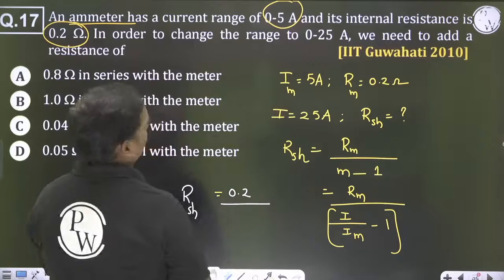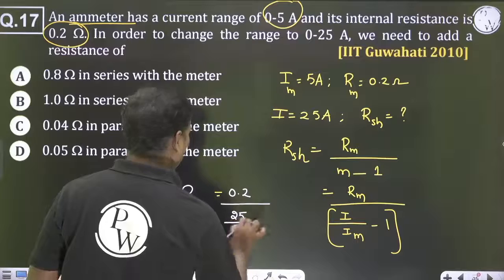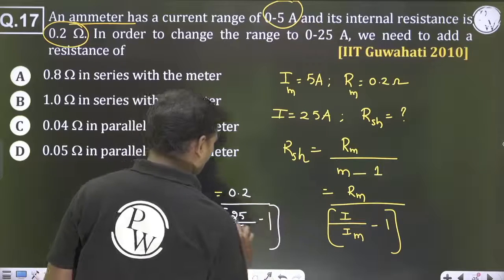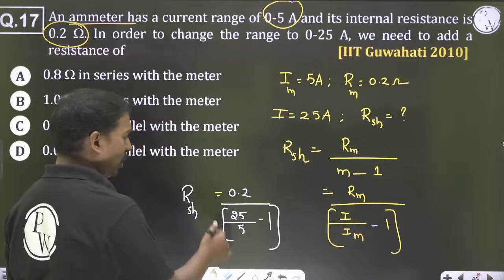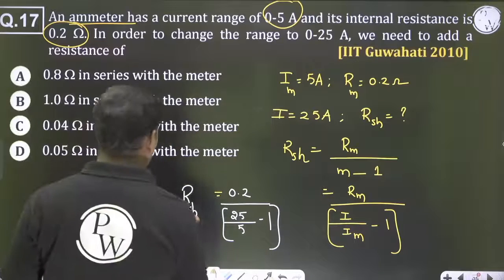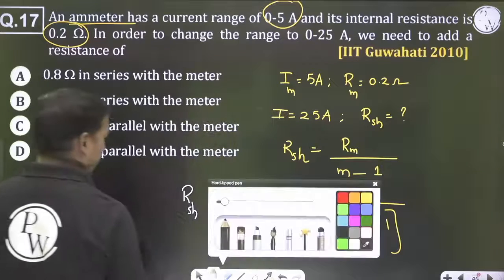I is how much? 25 by 5, 25 by 5 minus 1, that is 4. 0.2 by 4, 2 by 40, 2 by 40 means 1 by 20, 1 by 20 means 0.05 ohms, shunt. So 0.05 ohms is the right answer.